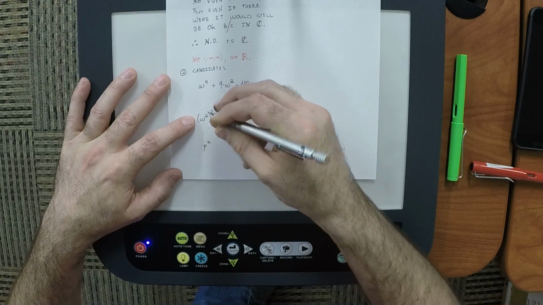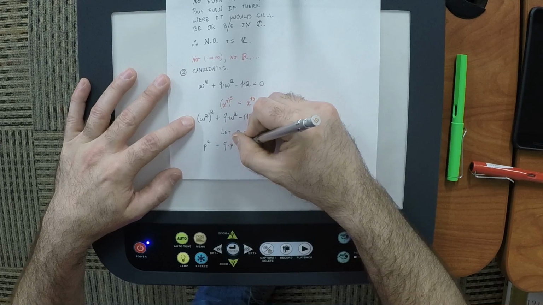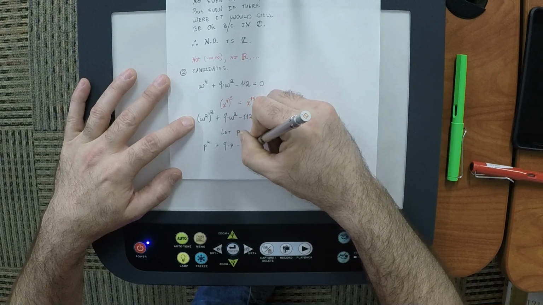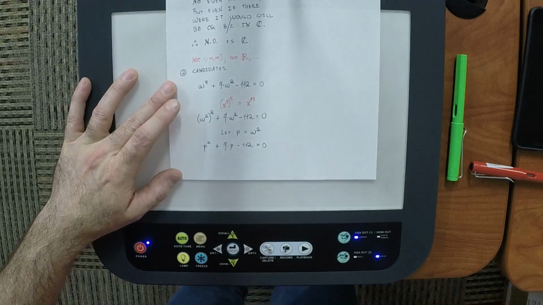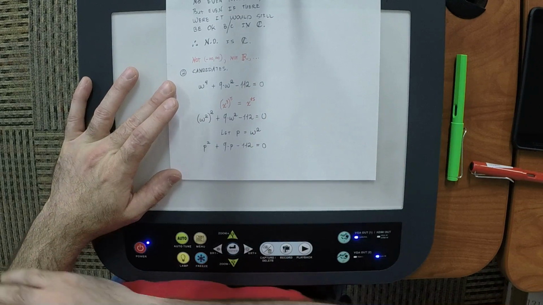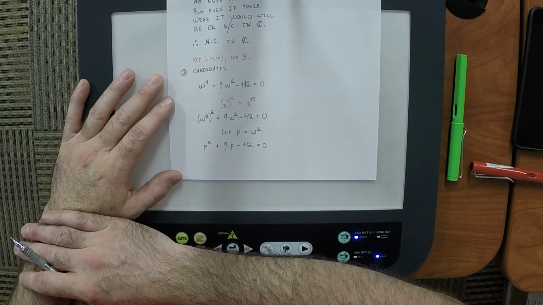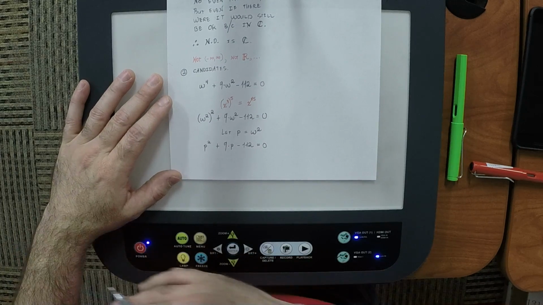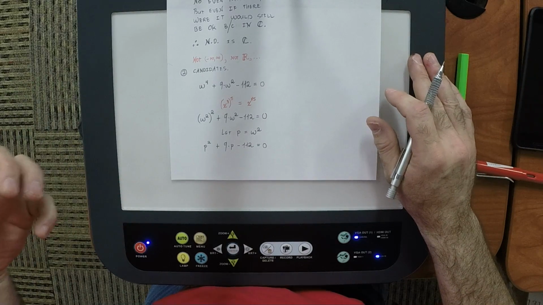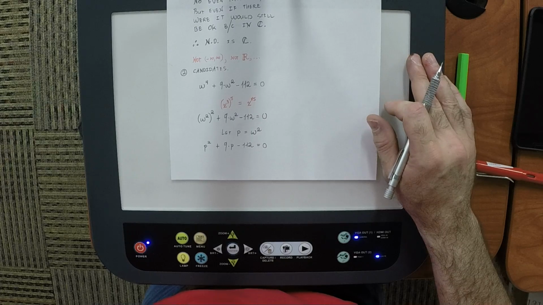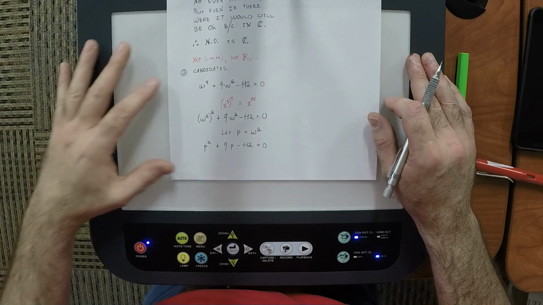Very good. P squared plus 9p minus 112 equal to 0. And then, oh, I get it. It was a quadratic, it was hidden. Okay, that's what I meant by more or less in this region that we're in, the majority of these equations are somehow, we're playing the game, let's hide the quadratic.